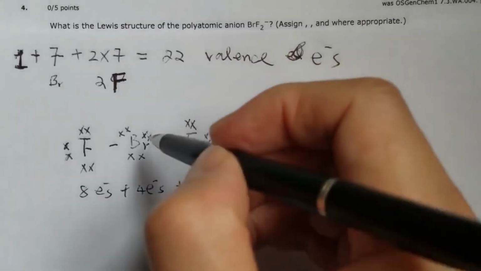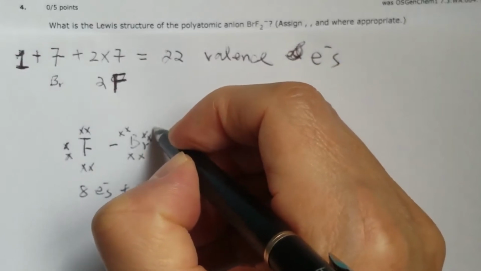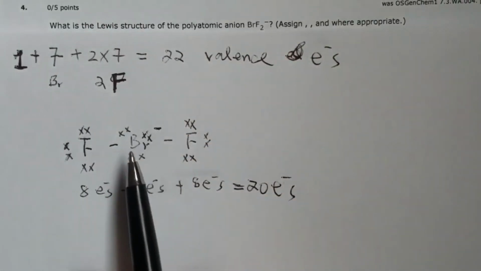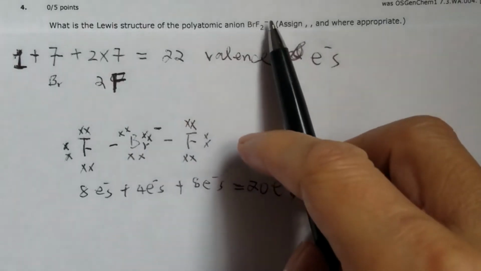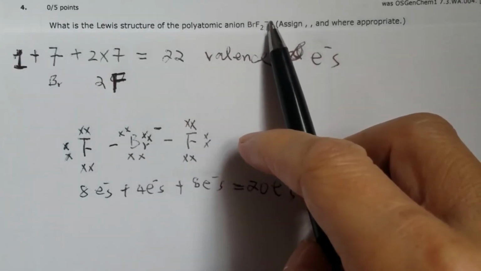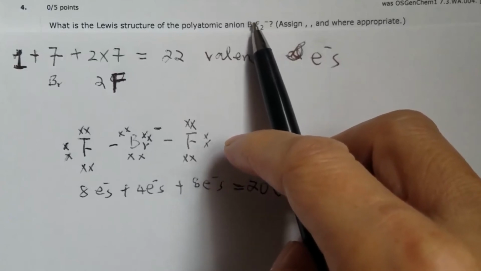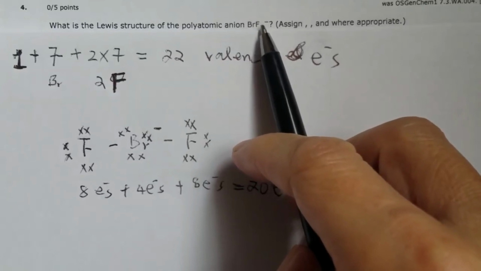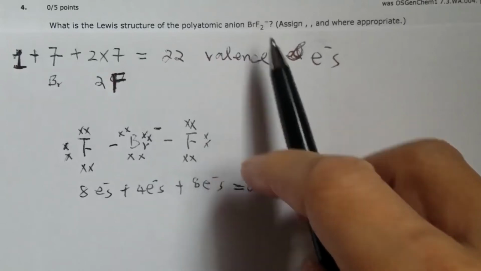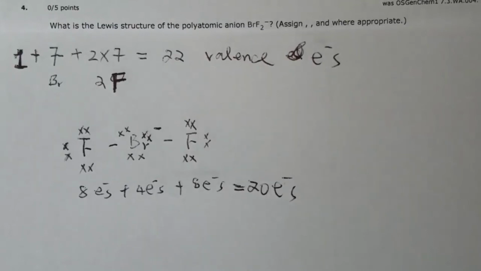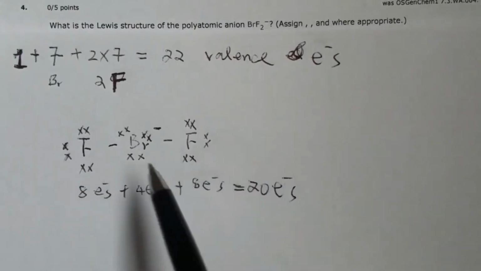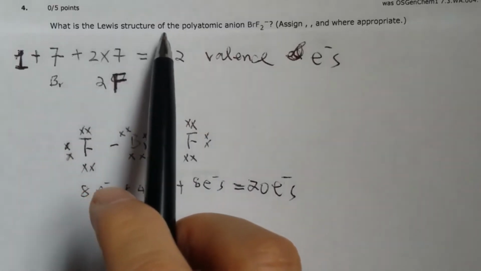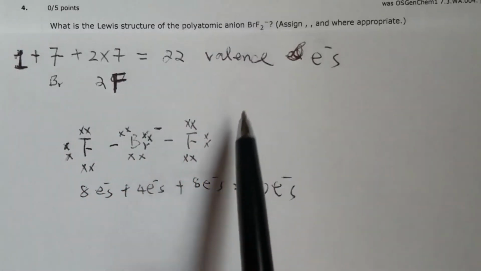So obviously there's greater electron density around bromine. That's why that negative charge is contributed more by bromine than fluorine, even though fluorine is more electronegative. So therefore, this should be the correct Lewis structure for this polyatomic anion.